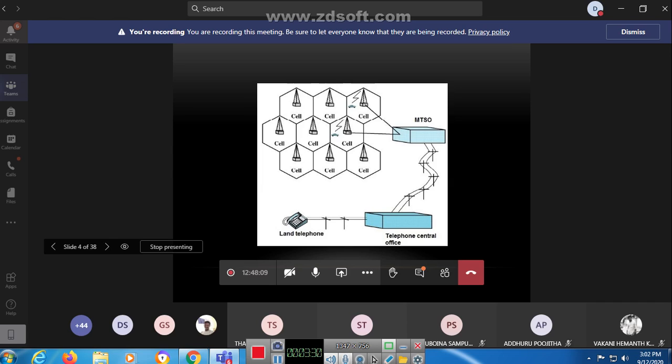From the India central office it is connected to the USA telephone central office, then communicated to the USA mobile telephone switching office, then to the USA base station, and connected to the USA cell. Likewise we can consider the longest distance communication process.